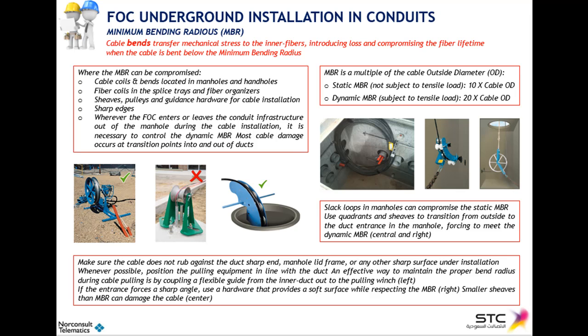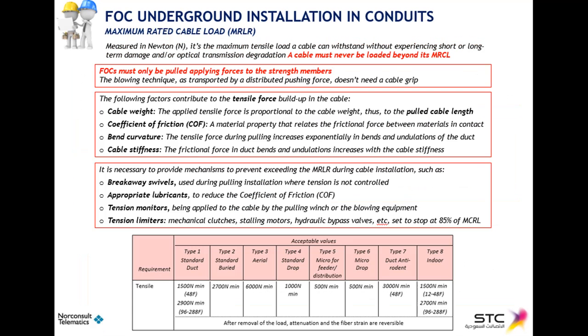But this is about the fiber core, the fiber strands, not the fiber cable. So the rule is to apply the MBR as a multiple of the cable outer diameter. In that way, we make sure that all fibers and additional components are safe inside the cable.